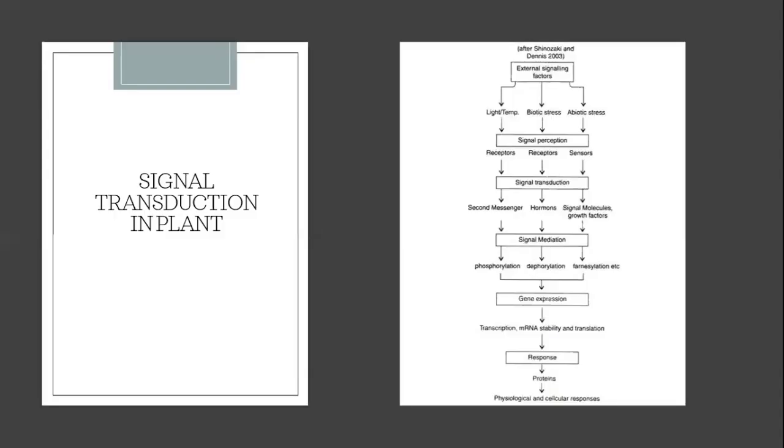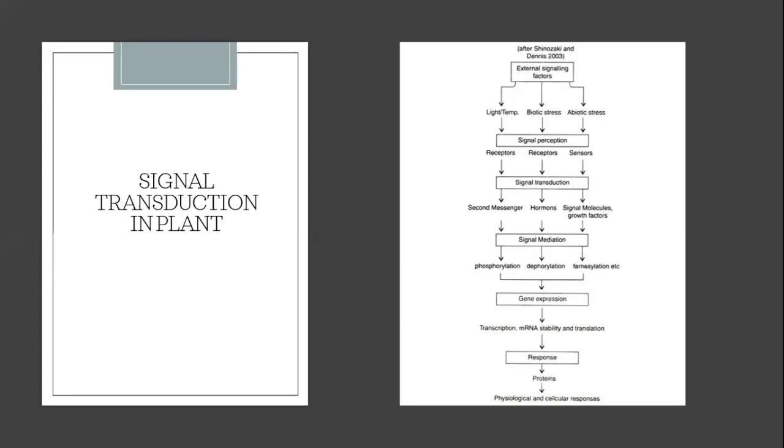Now, when you talk about signal transduction in plants, the basic outline of any signal transduction pathway that takes place in a plant has a particular structure. Now, what is this structure? The signal transduction pathway starts with an external signaling factor. This external signaling factor can be an environmental factor, which can be a biotic factor or an abiotic factor. Environmental factors such as light, temperature, or even the concentration of salts.